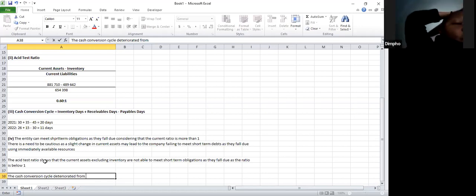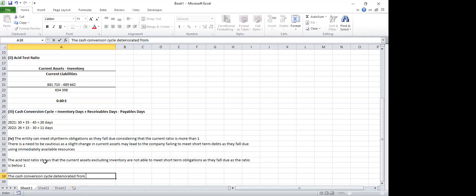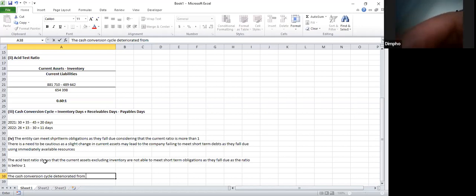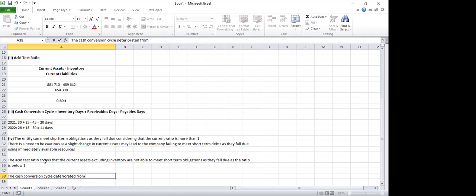But in general, for a business to be safe, if they can have a ratio of around 2:1, they will be in a safer position. A business can be safer if their current assets are double the current liabilities. Then for the acid test, normally we expect 1:1 to be safer. But they will differ depending on the industry. That's why I said that if we'd been given industry ratios, then we could provide a better comment.